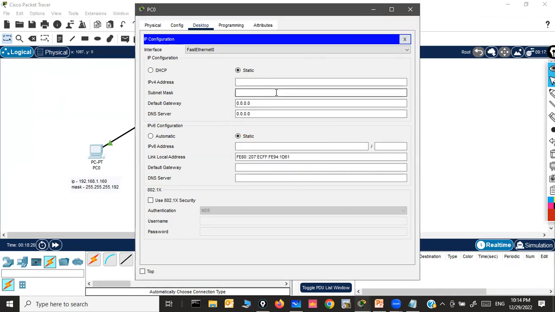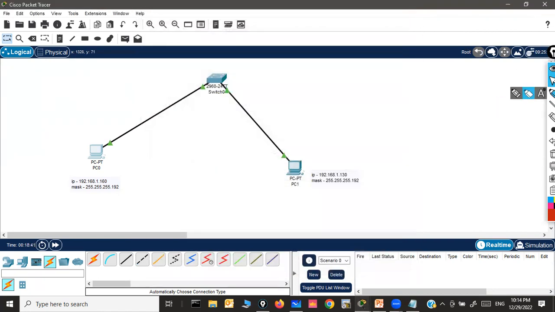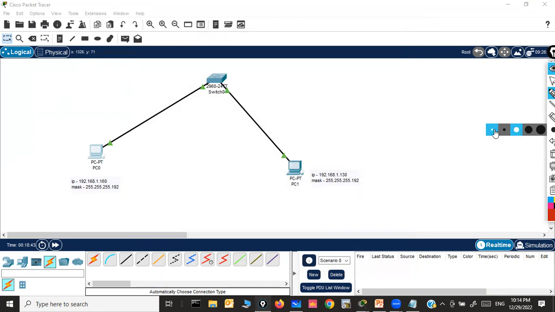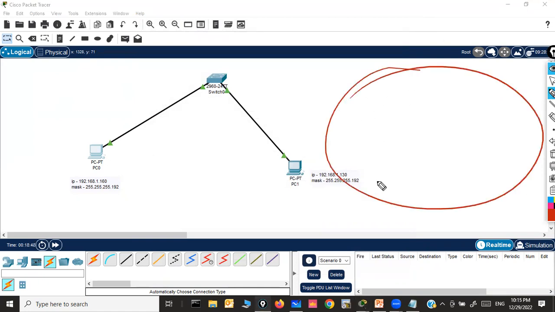But if I change the mask to this, without subnetting, then yes, I can take 63, no problem. Because if there is no subnetting, then there will be only one broadcast address, at the last address. Basically, before subnetting, there was a big network and two addresses were reserved: the first address and the last address.